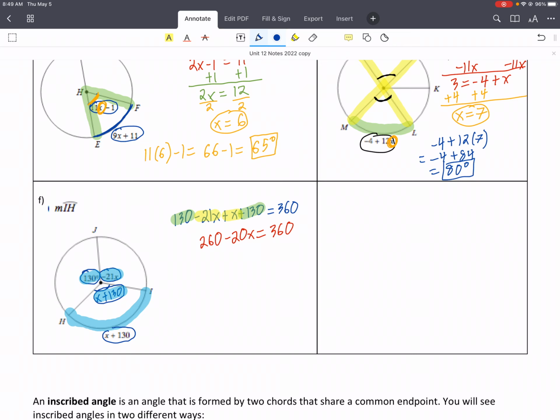Okay, well we have to move the 260, so we subtract 260 from both sides. That gives us negative 20x is equal to 100, and now we have to divide by negative 20. So that gives us x is equal to negative 5.